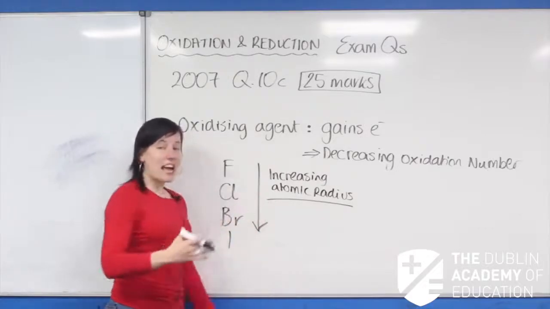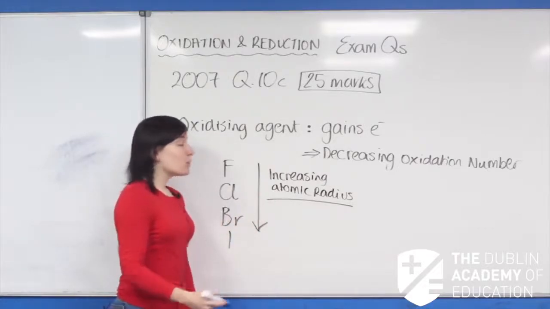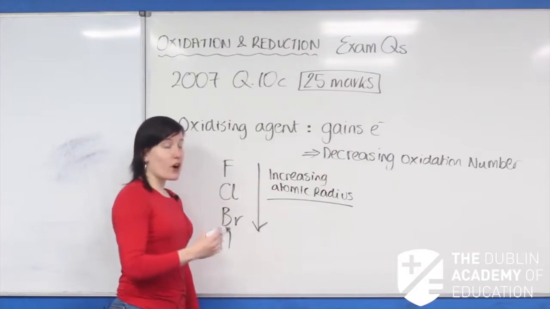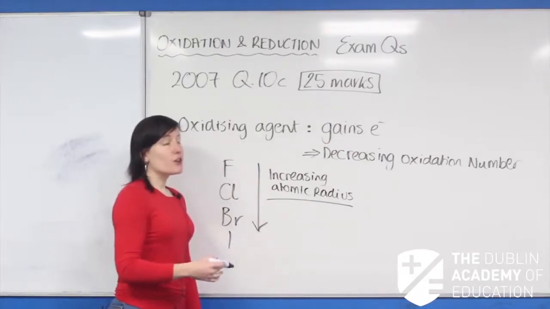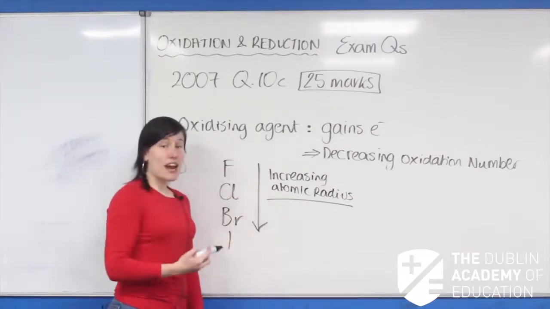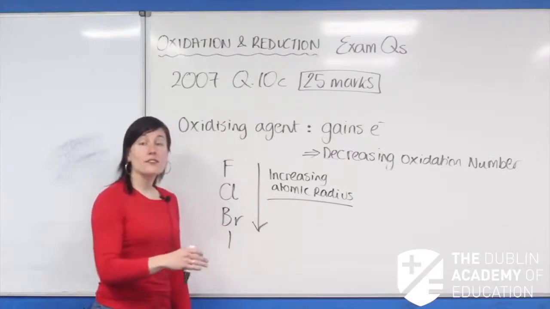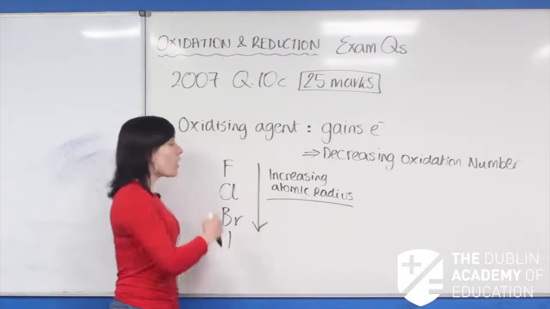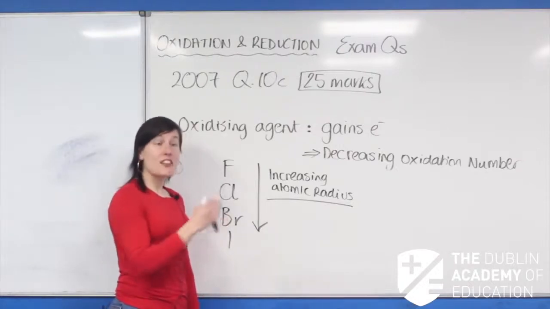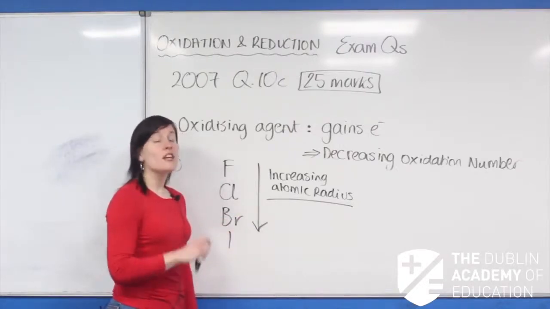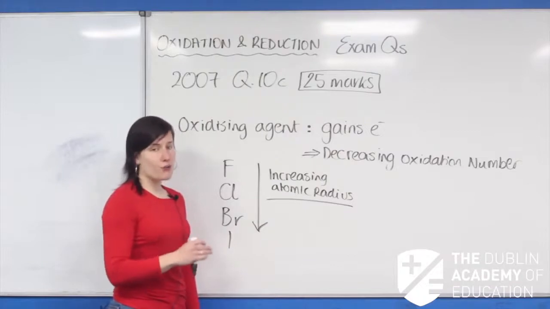That means that the atoms are getting bigger, which means that the outer electrons are further from the nucleus. So an atom's ability to attract electrons is totally reliant on the nuclear charge, the positive charge of the nucleus. So the stronger that positive charge is and the closer it is to the outer electrons, the more able they are to attract them in.